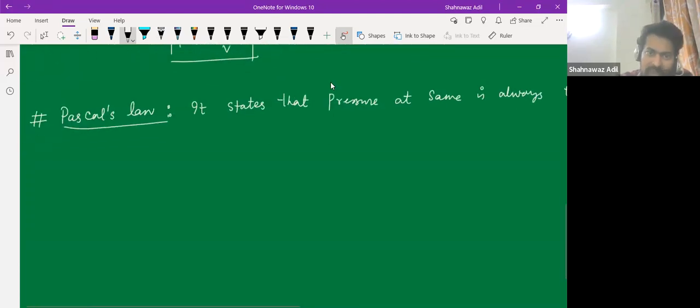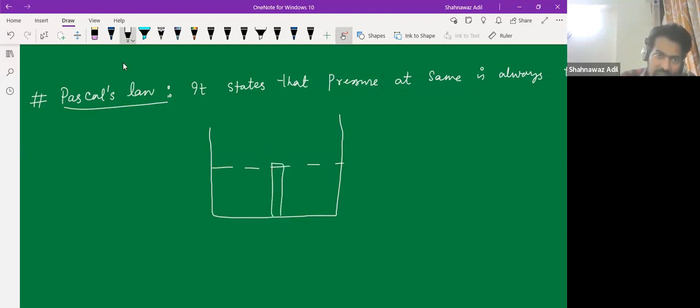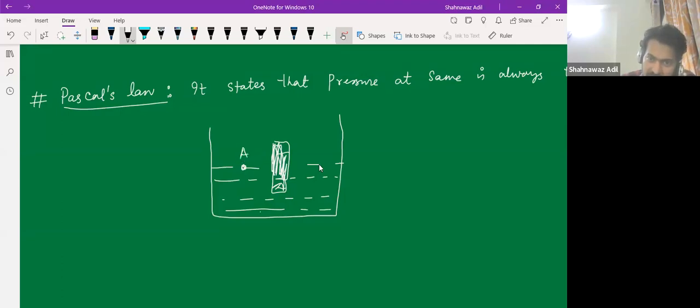We just have to remember that, let's say, we have some fluid, and let's say this is some barricade or something. From here we have this division, and this is the liquid. If I calculate the pressure at point A and the pressure at point B, these pressures are equal.